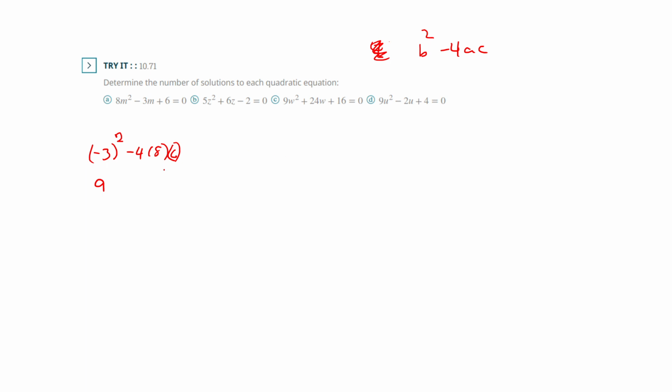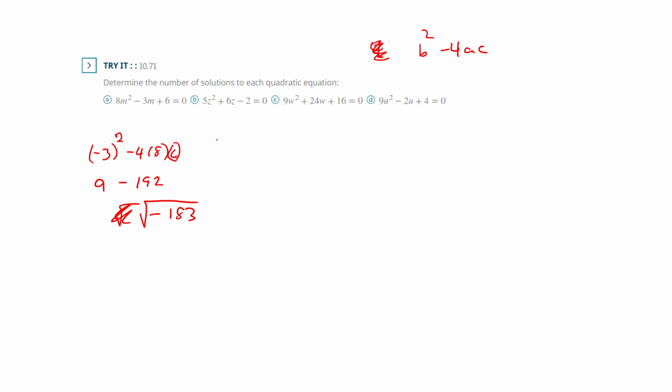So I've got minus 192. Now, I'm tempted to keep putting the root back on there, but you don't have to, but that's what's happening. I get a negative number. So I have no real solutions because that negative is really under the square root.